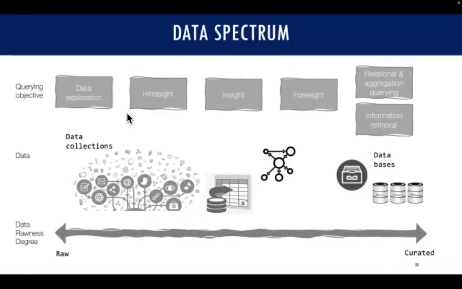So here, we suppose that we have less raw sets of data, and then we can start performing hindsight, insight, or prediction when the data have been more organized, cleaned, and where the mathematical properties of the values respect a certain set of constraints.